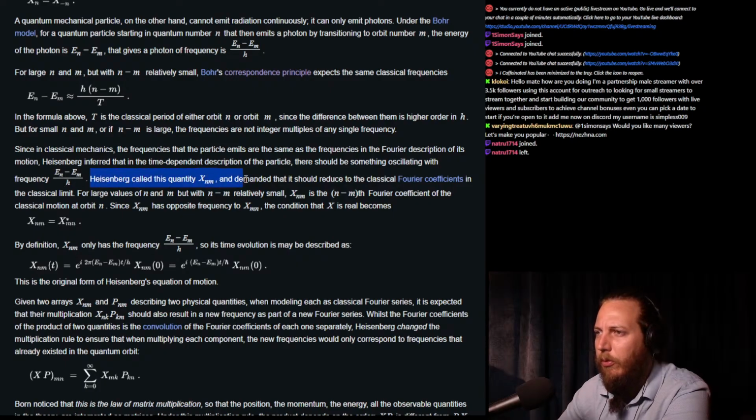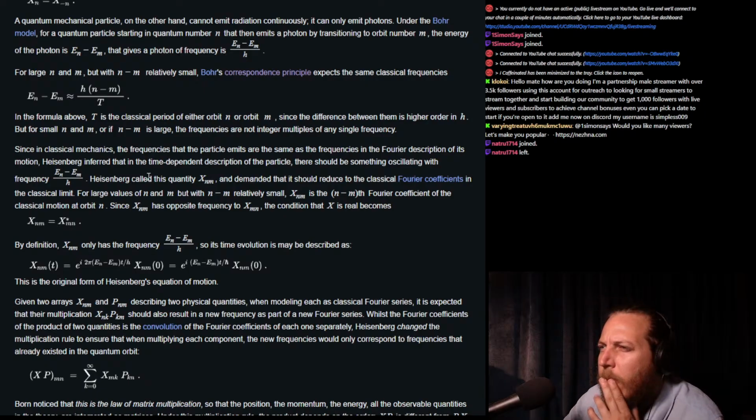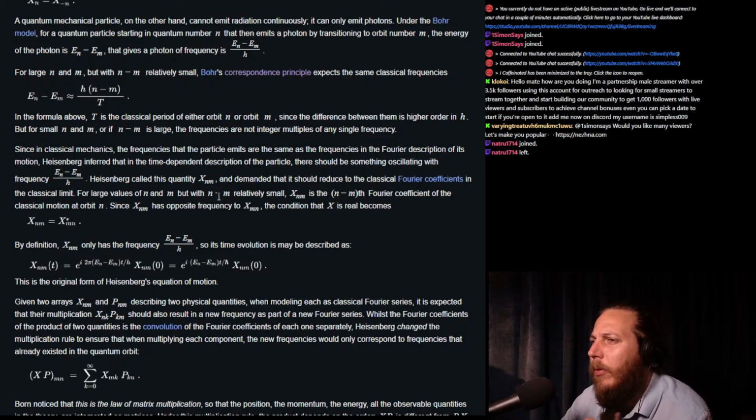Heisenberg called this quantity x_nm and demanded it should reduce to the classical Fourier coefficients in the classical limit. For large values of n and m, but with n minus m relatively small, x_nm is the (n minus m)th Fourier coefficient of the classical motion at orbit n.